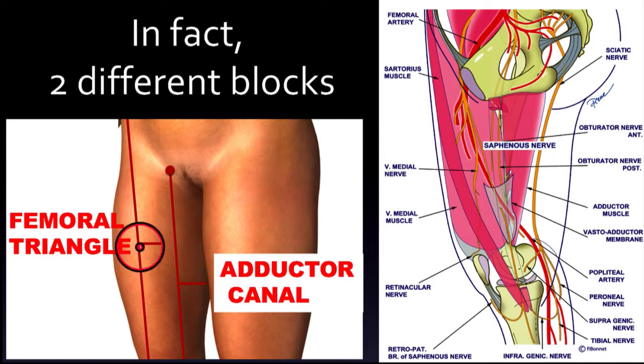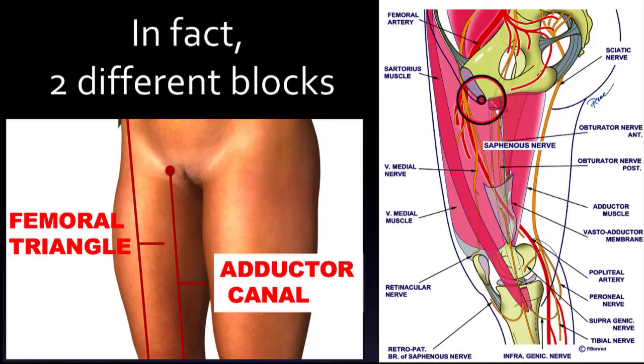This means that from time to time you are performing a cephalad block that is in fact a femoral triangle block, while at other times, when you are puncturing slightly more caudally, you are performing an adductor canal block. And this is extremely important because the nerves around the femoral artery change while going caudally.